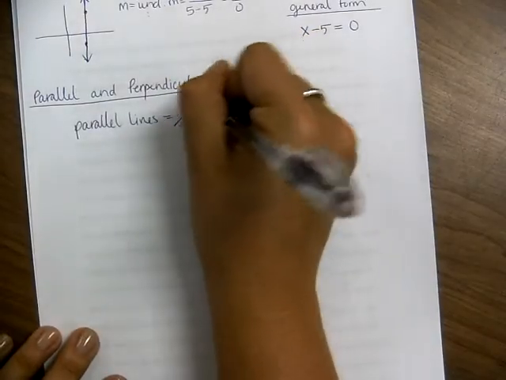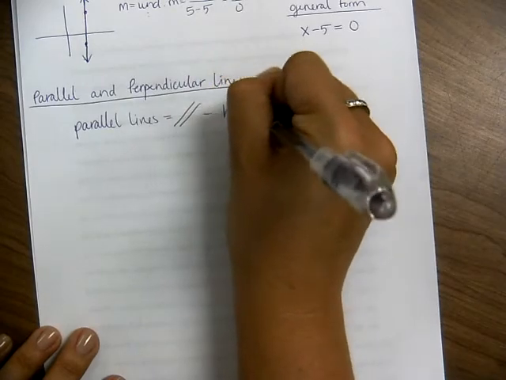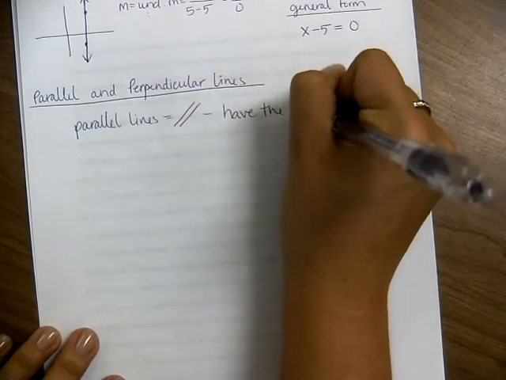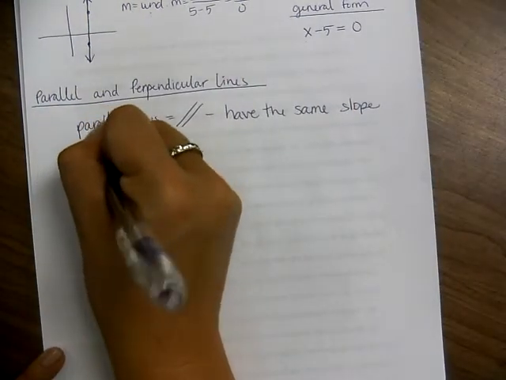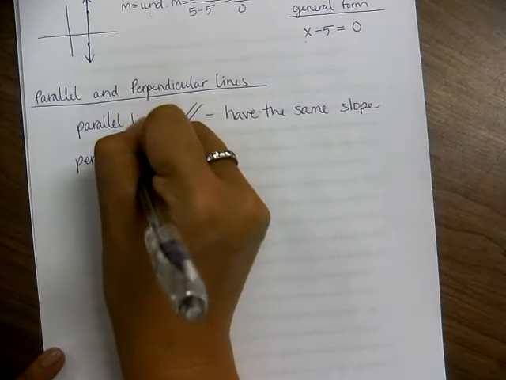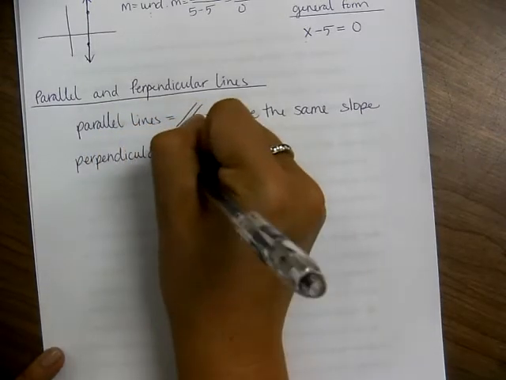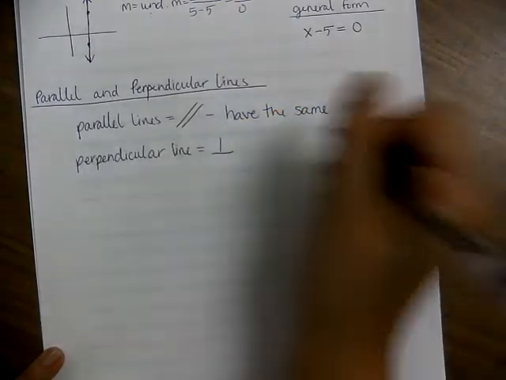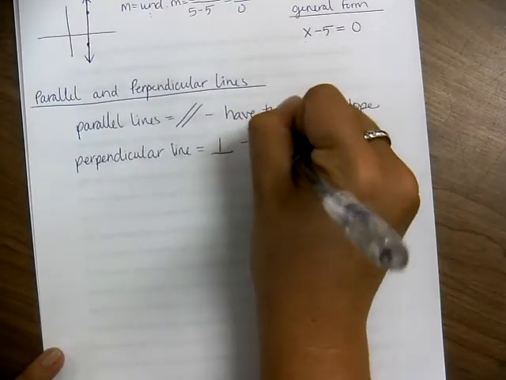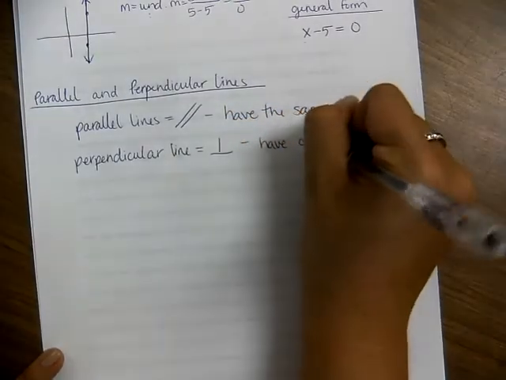Okay, they have the same slope. So lines that are parallel are going to have the same slope value. Perpendicular lines, remember that symbol is an upside down capital T. They have opposite reciprocal slopes.